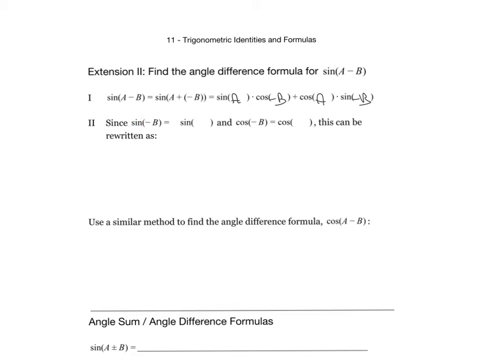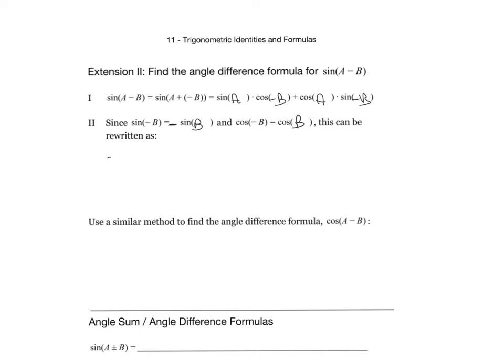So sine of negative B, because of the nature of the sine function, is the same as negative sine of positive B. And cosine of negative B, because of the symmetry of the cosine function, is the same as cosine of positive B. So now we can take these two facts and substitute them in.